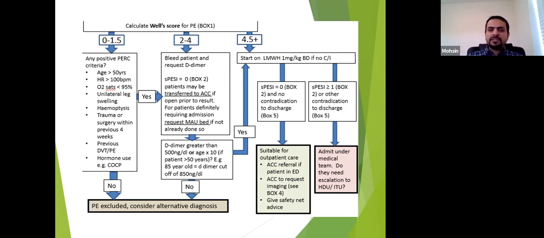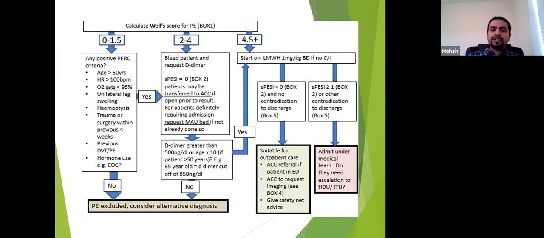If you calculate the Wells score and you have a score of 0 or less than 2, you apply the PERC rule. If your PERC rule is negative, PE is excluded, and you look for an alternative diagnosis. If your PERC rule is not negative, if any of them are positive, or your Wells score is between 2 and 4, then you go for a D-dimer.